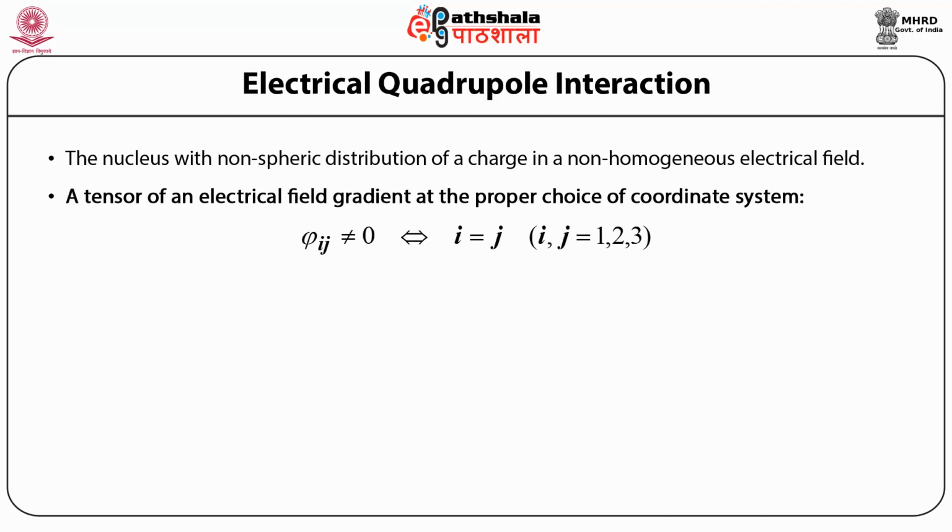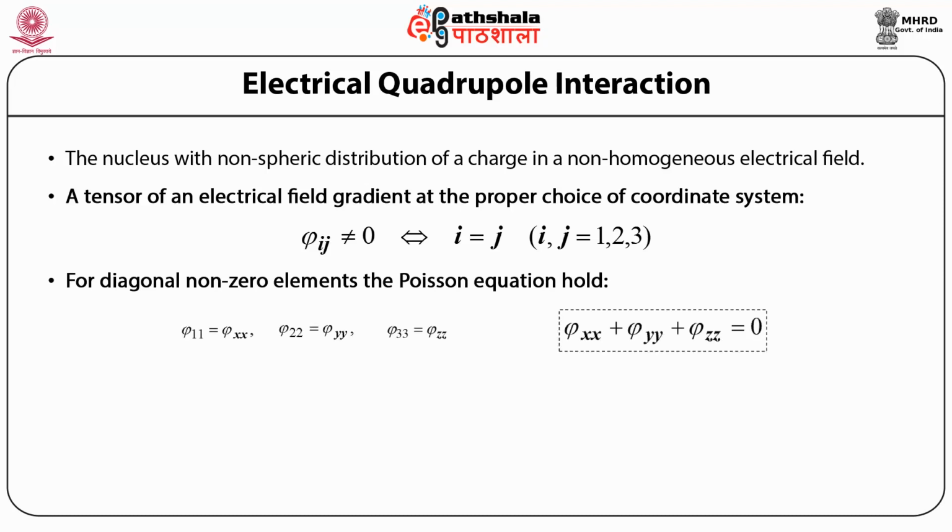For the diagonal non-zero elements the Poisson equation holds, where phi 11 equals phi xx, phi 22 equals phi yy, and phi 33 equals phi zz.